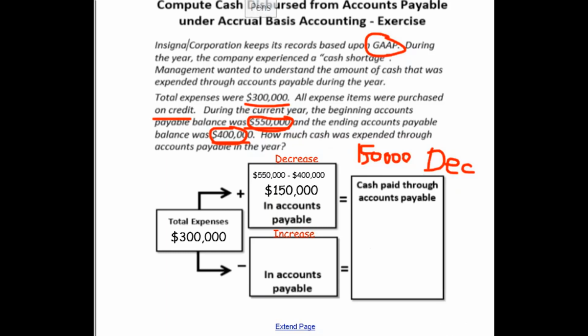So in this case, we take our total expenses and add to that the $150,000 decrease in accounts payable, and we end up with cash paid through accounts payable of $450,000, and that is the solution to this particular problem.